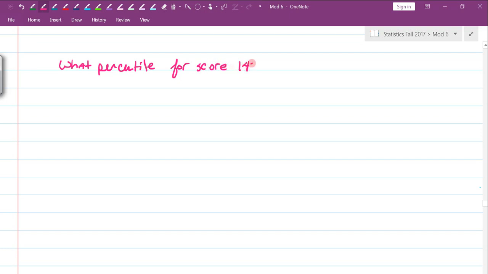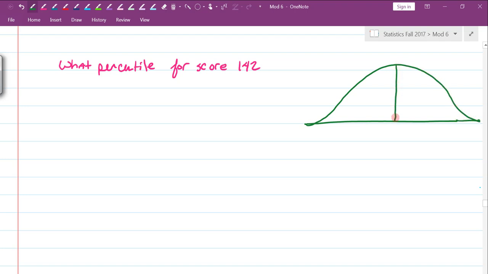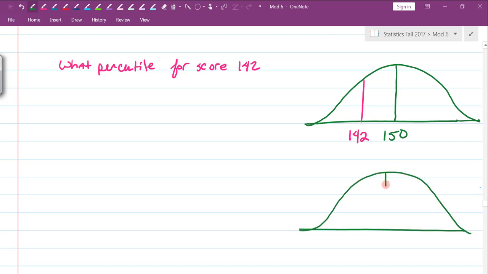Okay, we're going to start right here and we're going to standardize that value. We're going to put our mean in the center, 150. Okay, our value is right here, 142. Let's draw our standard normal curve. I need to know where this falls on my z tables, okay? So I need to know what the z is.